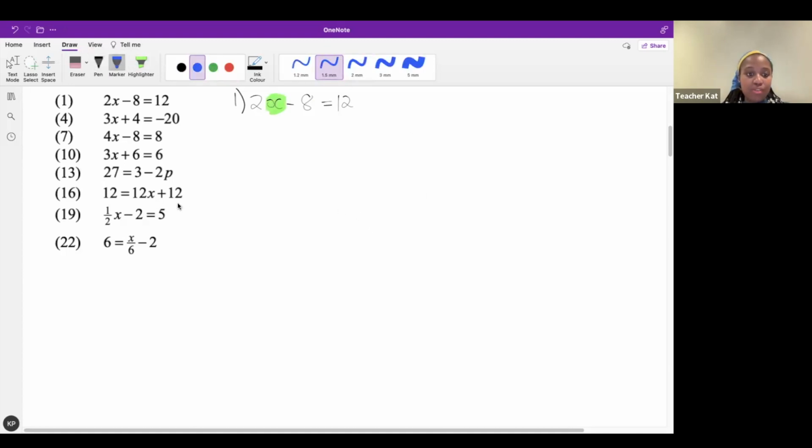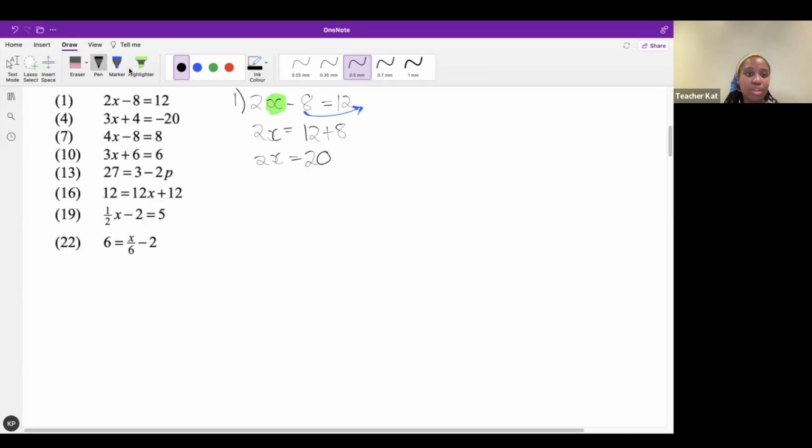Firstly, we have to get rid of that negative 8. And how do I get rid of that negative 8? Take it over to the right-hand side, and it's going to become a positive. So then we have 2x is equal to 12 plus 8, which is 20.